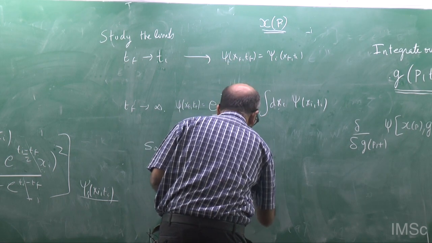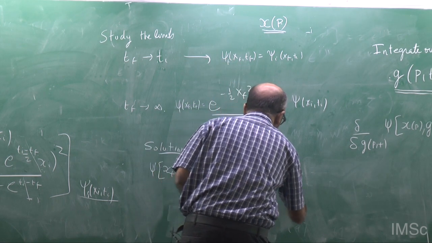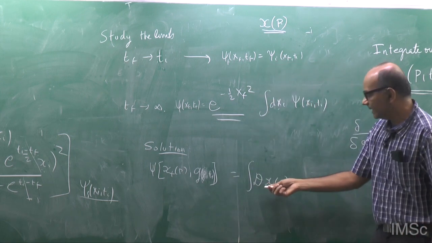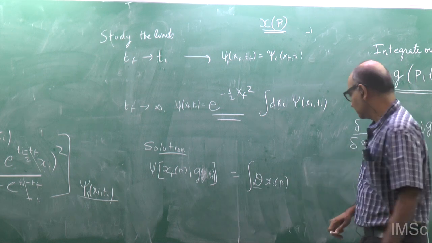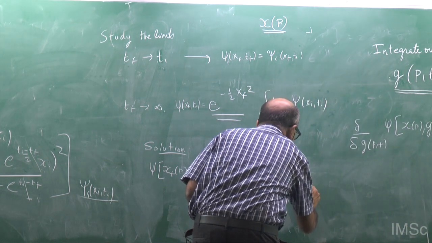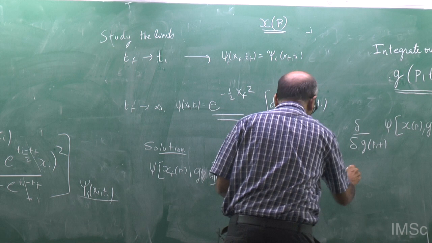Now instead of the ordinary d, I'm using this curly D to indicate that it's a functional integral, D xi, and then the whole exponent is the same as before, minus half.